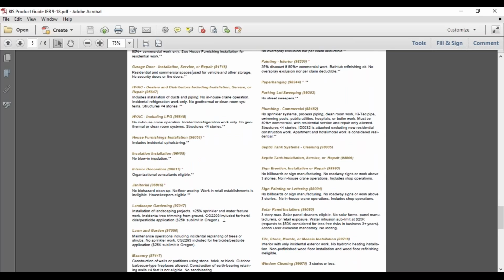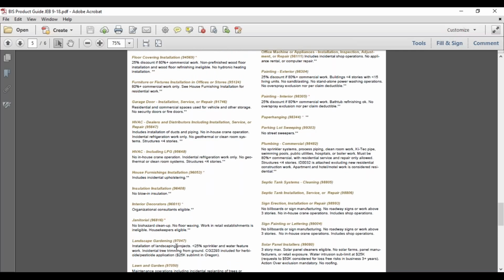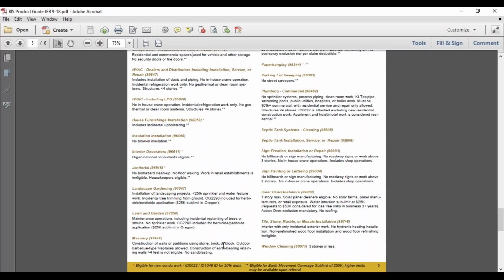Landscape gardening, I see a ton of this. We do have the herbicide, pesticide application endorsement available, added on every policy for landscape gardening and for lawn and garden guys. So those two. We do see quite a bit of masonry work.